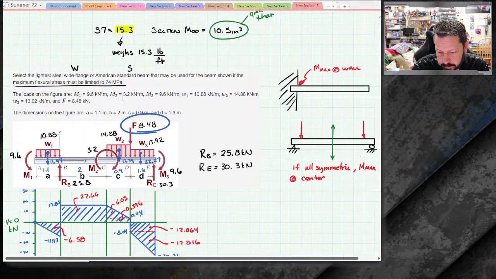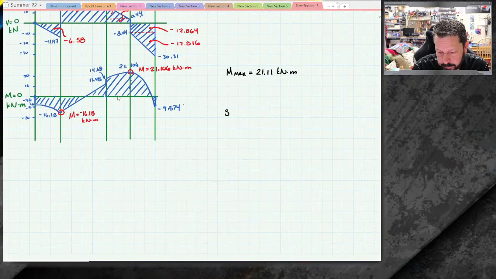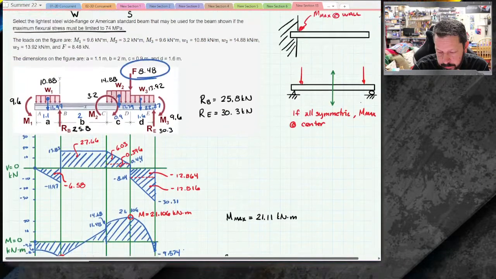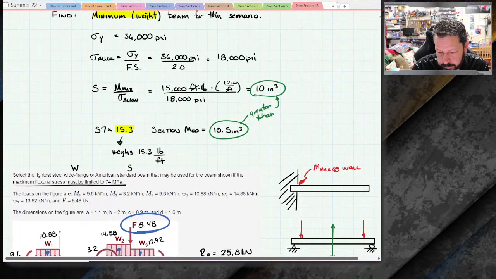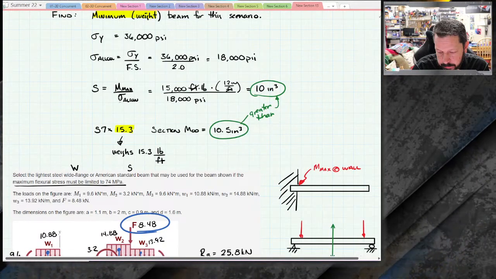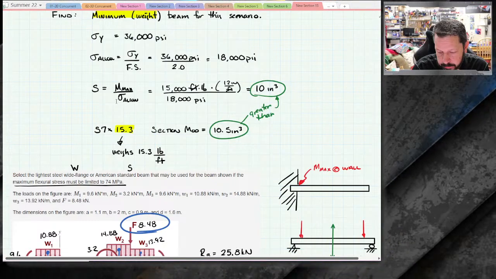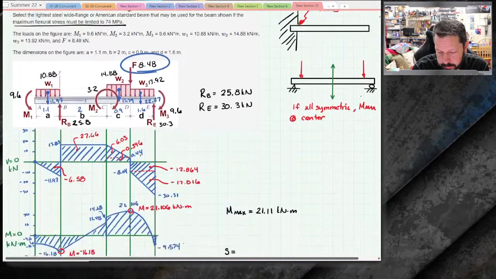So remember, what we were trying to do is calculate our section modulus. So S equals, we use that right here, the maximum bending moment that our beam has to deal with, divided by the allowable stress. Now this one, they just told us the allowable stress, limited to 74 megapascals.